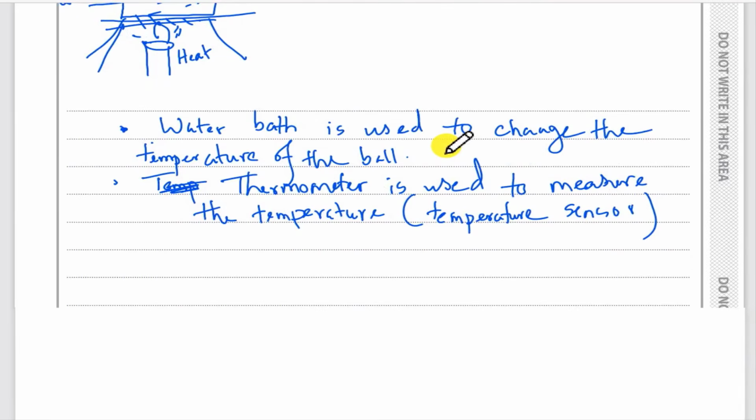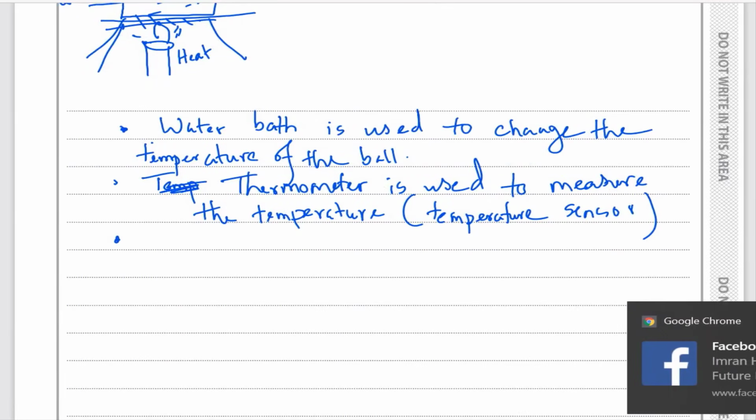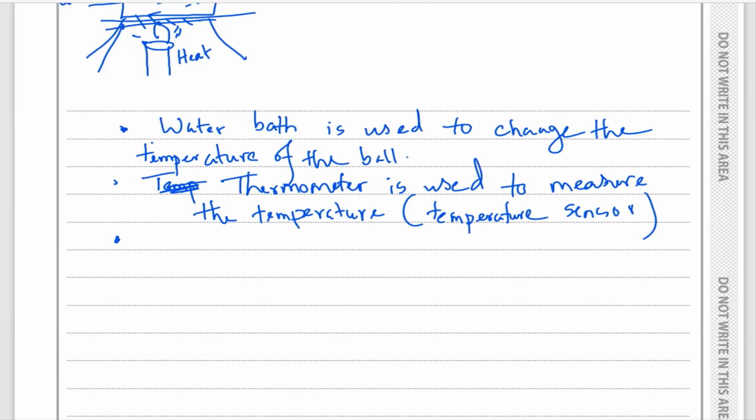Here the control variable is the ball dropped from rest each time.